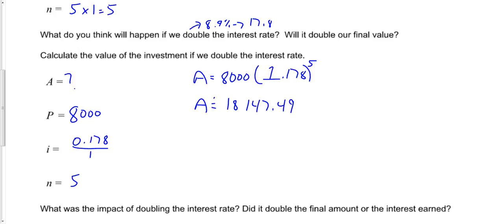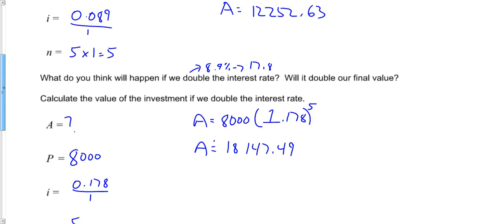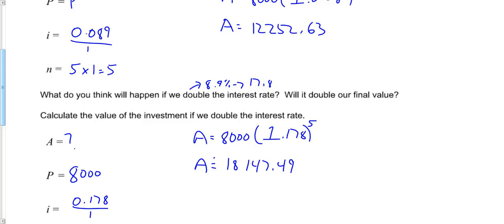So the impact of doubling the interest rate, while it doesn't necessarily double the final amount, it does more than double the interest earned. If we compare, the first time we invested $8,000. If I want to figure out how much interest was earned, I subtract $8,000 from each of these. So 12,252.63 minus the 8,000 that we originally had.